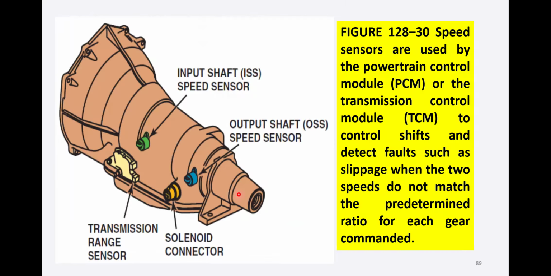The input and output speed sensors are used by the powertrain control module or transmission control module, whatsoever you are using, to control shift and detect faults such as slippage when the two speeds do not match the predetermined ratio for each gear commanded. So we get the signal from the input and output sensors at the PCM or TCM, from where we can detect slippage when the two speeds do not match the predetermined gear ratio for which we have given the command.